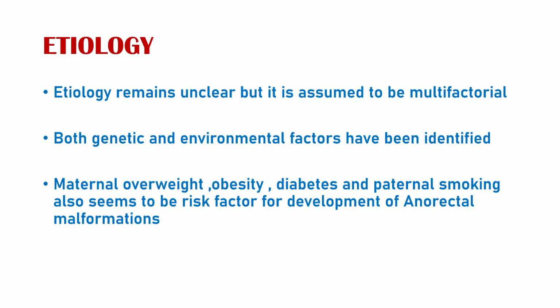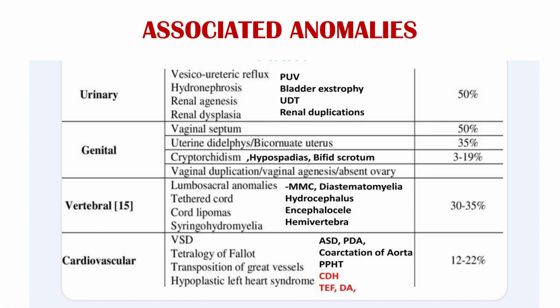Both genetic and environmental factors have been identified. Maternal overweight, obesity, diabetes, and paternal smoking also seem to be risk factors for development of anorectal malformations. There can be many associated anomalies along with anorectal malformations, like urinary anomalies: vesicoureteral reflux, hydronephrosis, renal agenesis, renal dysplasia.